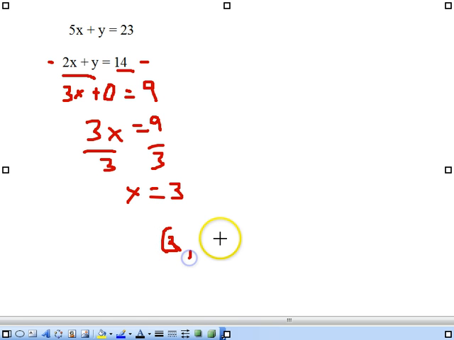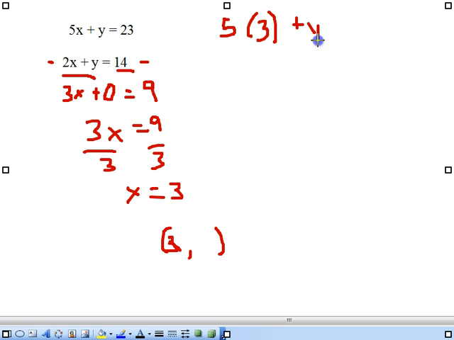But then you have to find your y value. So you just come back up here to one of these original equations and plug in, I'll just use the top one, 5 times 3, replacing the x with the 3 that you solved for.